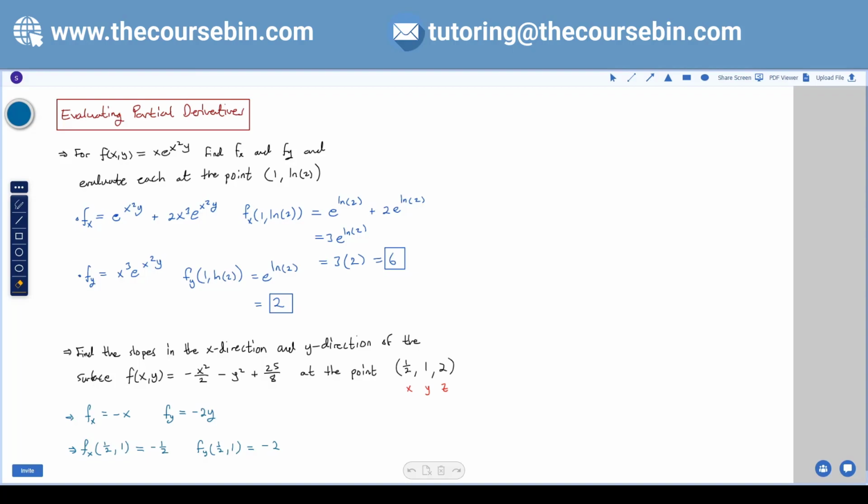Right. So once we've done that, after that we can look into directional derivatives, gradient vectors, and let me see. Yeah, I think that will be good.